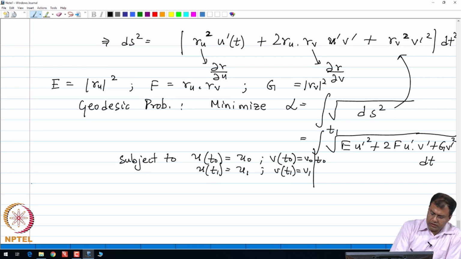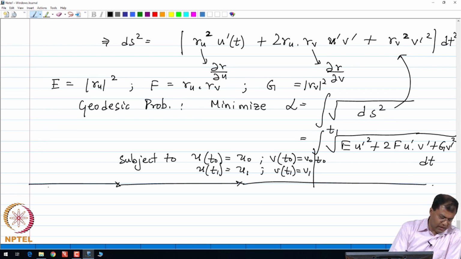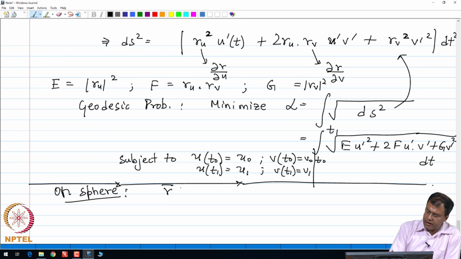So, just to give a brief overview, let us say we are considering the surface as the sphere. So, on a sphere I can denote my surface r of u comma v by the following set of functions.